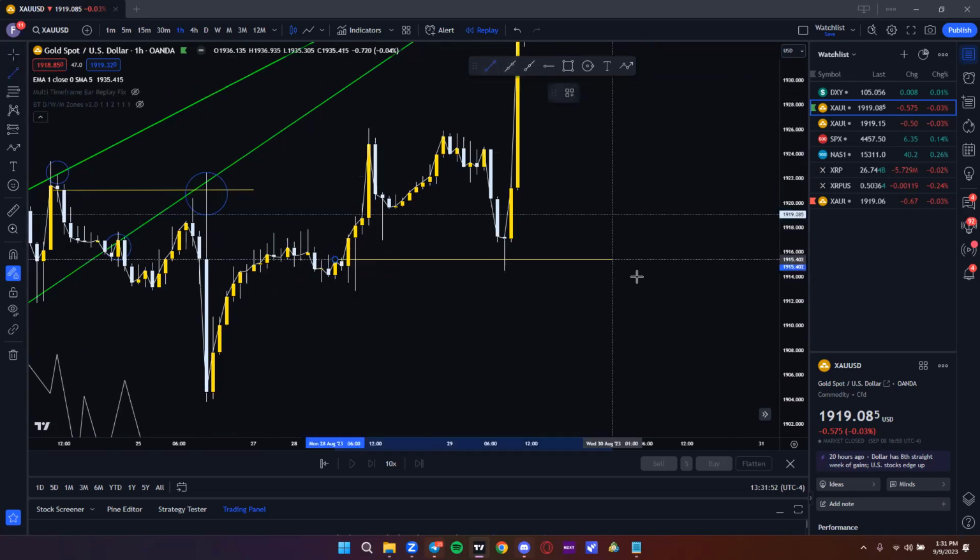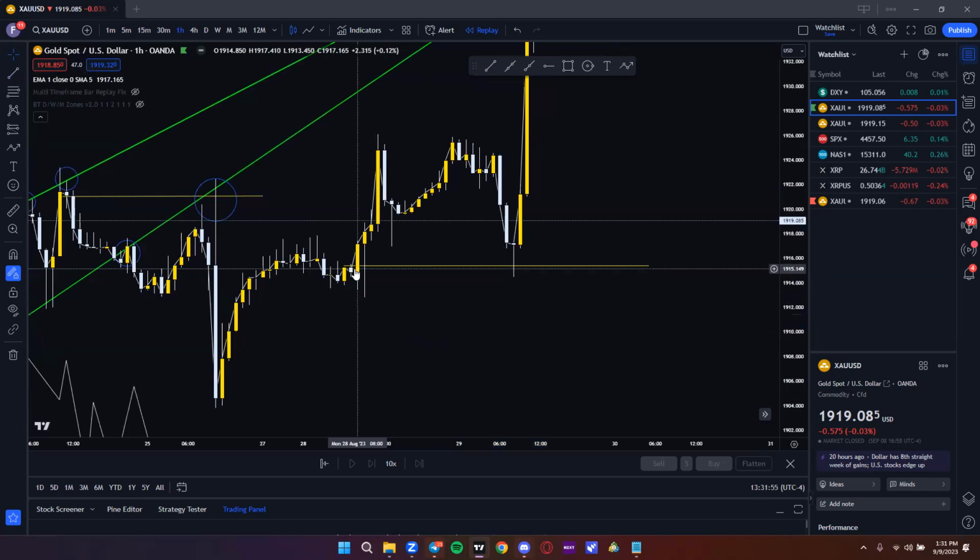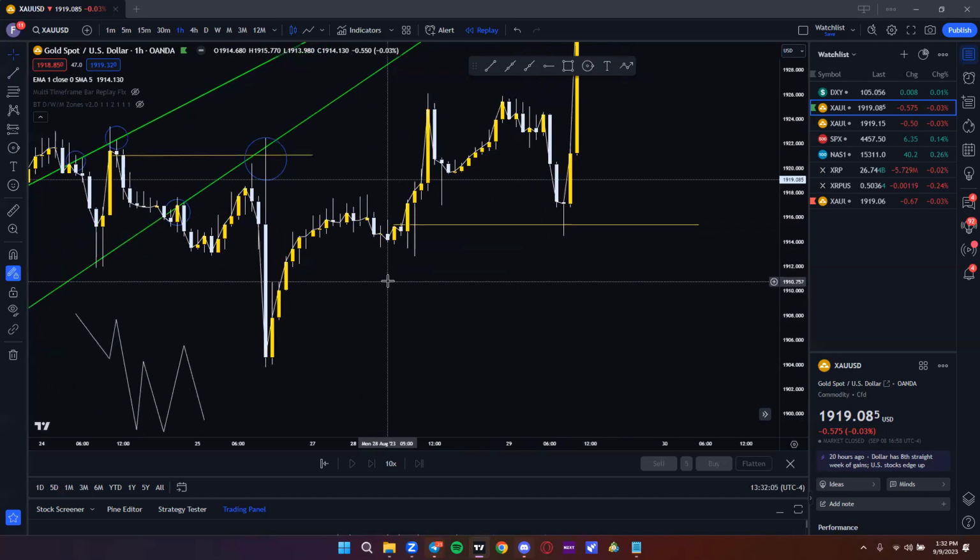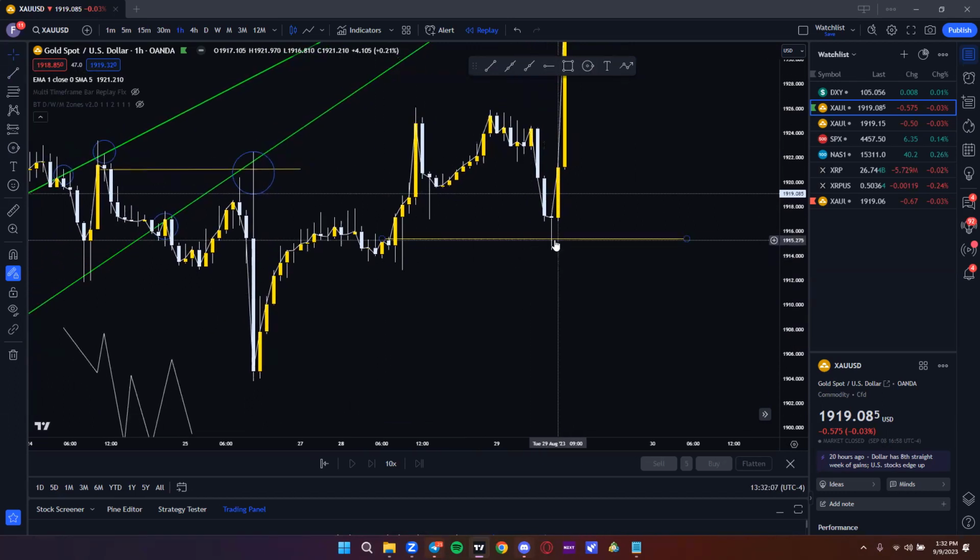All right, we have a level here. This is decision level type 1. You can see that it's already been confirmed one time. You're allowed to take this trade again. So how can you get involved? You would use a trend line. Let's see if this guy is the one.